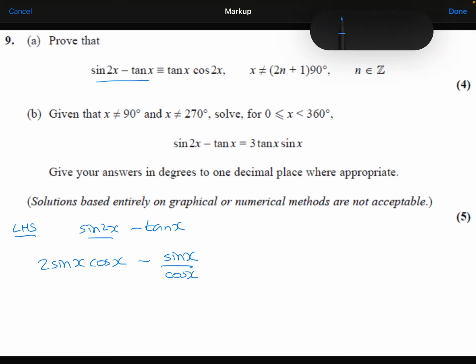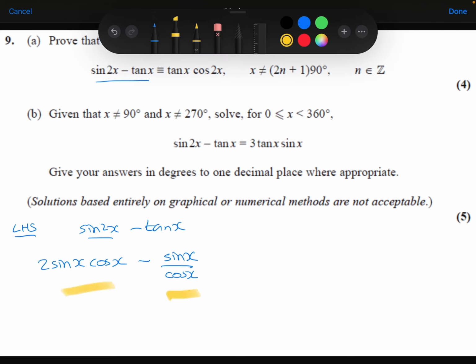Now I have two terms here, and I want to combine them together to get one term. So therefore, I need a common denominator. So I'm going to think of this first fraction as 2 sin x cos x over 1.